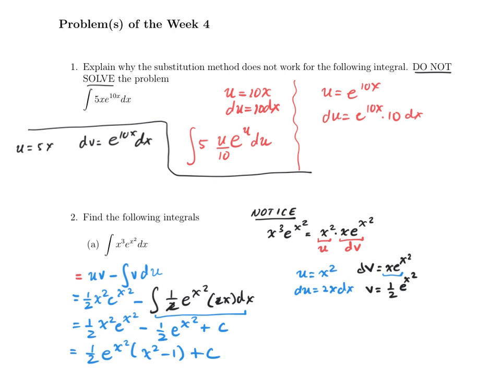So therefore, it will change back to x. This will be minus 2 times the square root of cosine x, plus 2/5 cosine x to the 5/2, plus c.